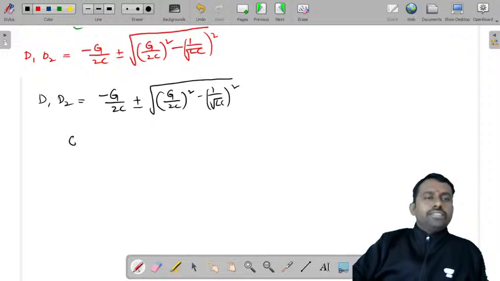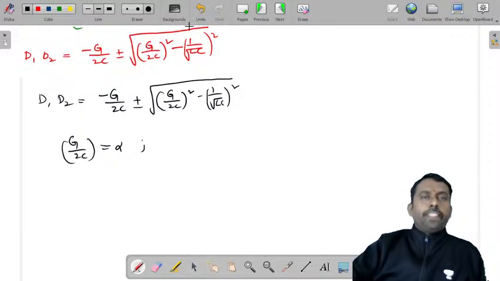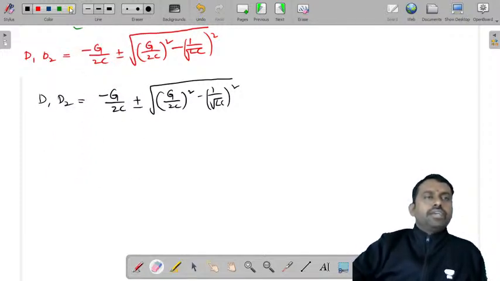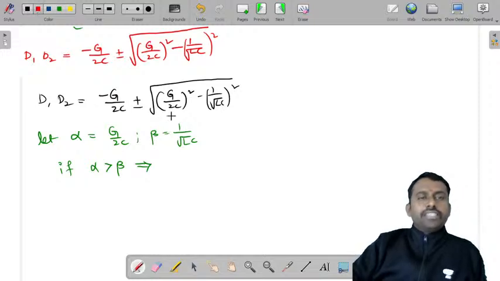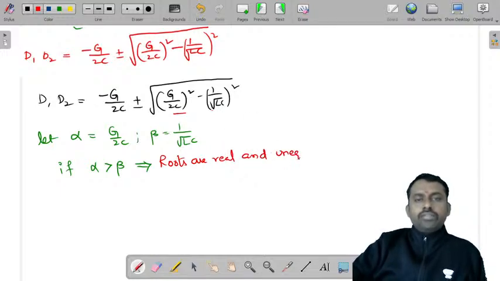So let us consider G by 2C as alpha, and let alpha is equal to G by 2C and beta is equal to 1 by root LC. So if alpha is greater than beta, what happens? If alpha is greater than beta, roots are real and unequal.